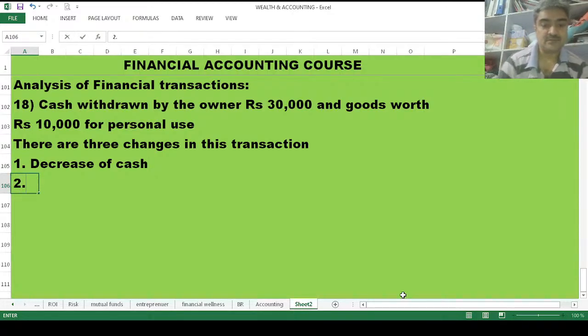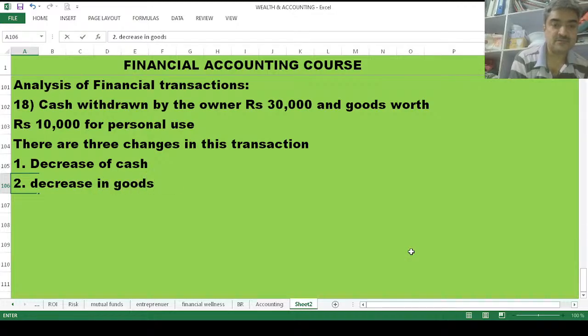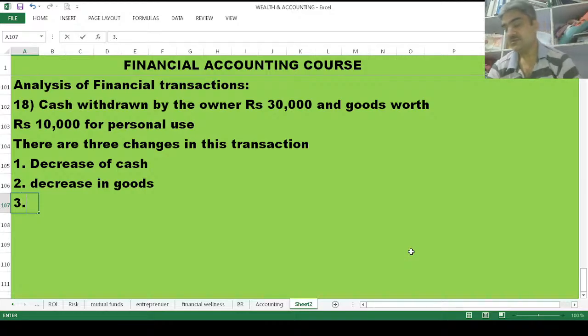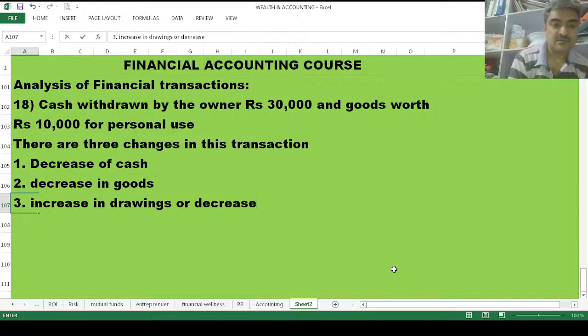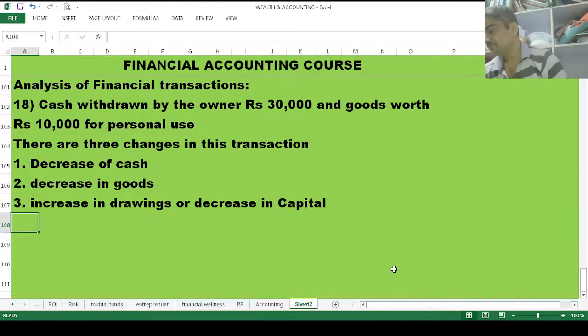Number two is decrease in goods. And number three is increase in drawings, or decrease in owner's capital. These are the three effects of this transaction.